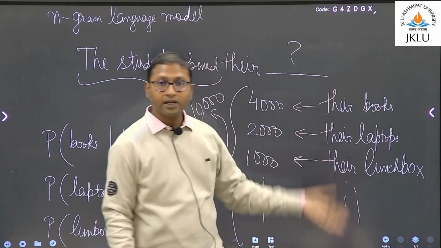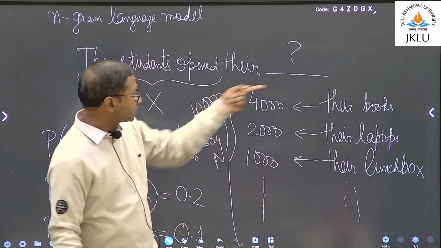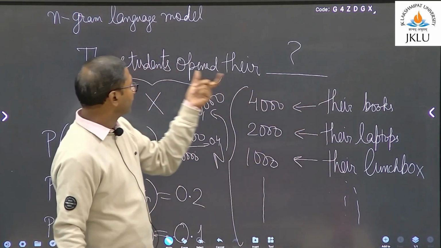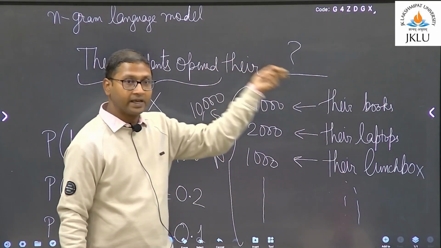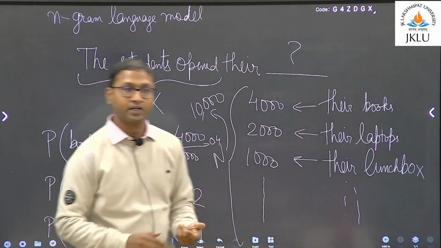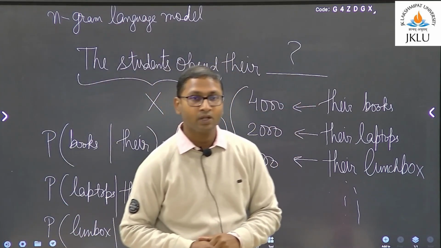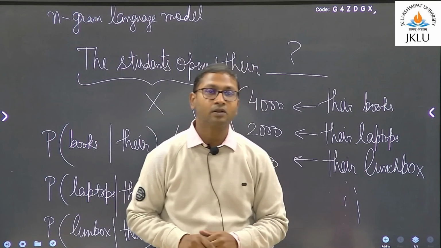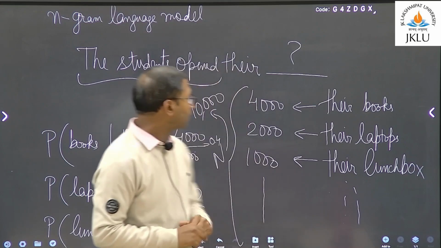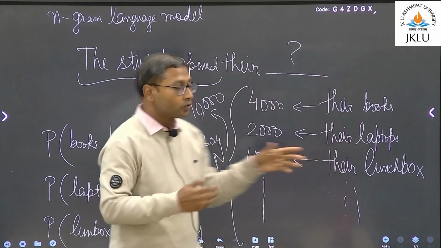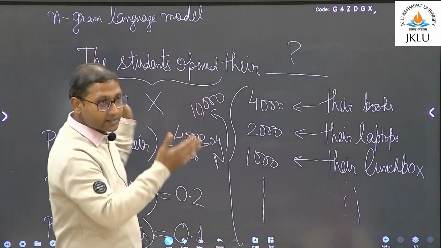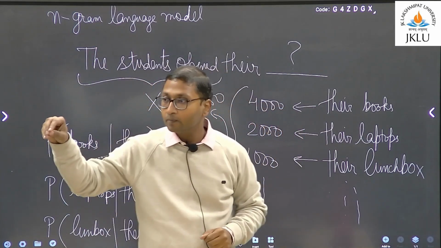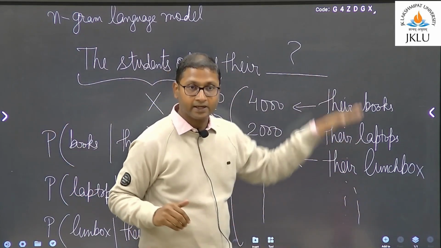So, let us say earlier you had 10,000 such occurrences. When you started talking about just "opened there", now let us say you have just 200 occurrences. When you talk about "students opened there", let us say you have just 20 occurrences. So, now when you are assigning probabilities, right, with increasing context, you are decreasing the training data here.